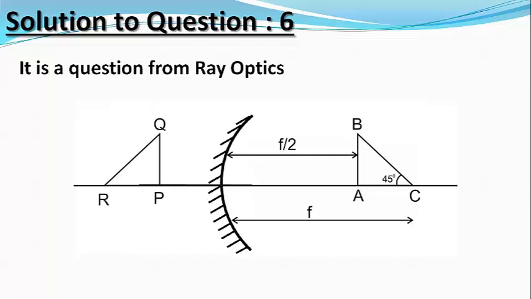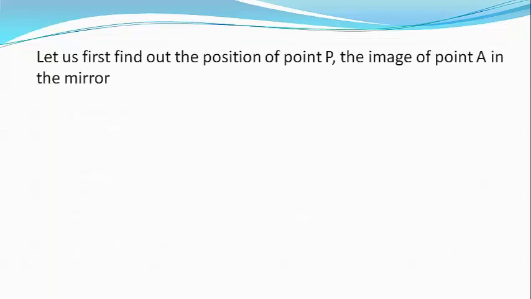Let us first of all find out the location of point P, the image of the point A in the concave mirror. We have UA equals minus f by 2, VA equals question mark.